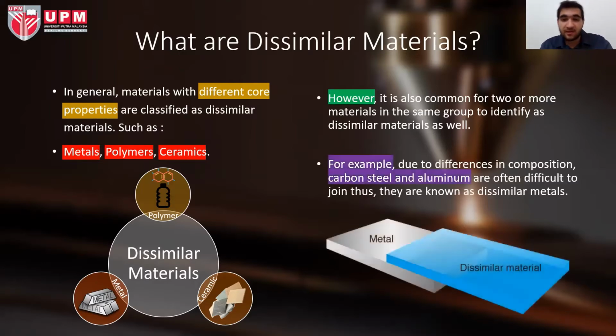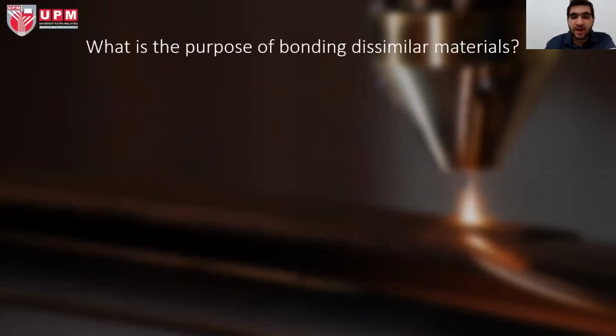For instance, we have carbon steel and aluminum. Obviously, they're both metal. However, due to the differences in composition, joining them is very difficult at times. That's why they're often known as dissimilar materials as well. Just a little bit of a side note as we go along.